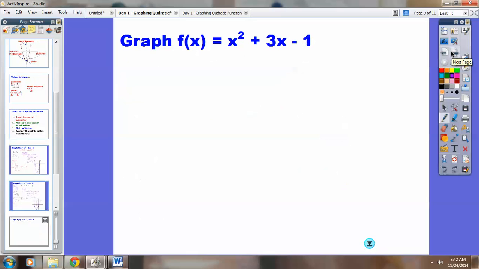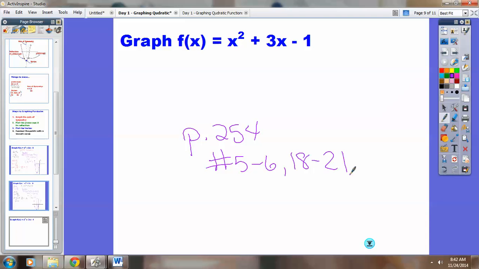Those are the 3 things you have to have, so make sure you find each of those things. Page 254, 5 through 6, 18 through 21.